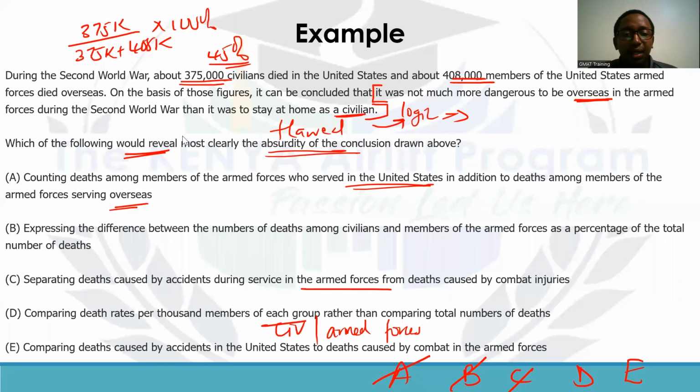So if, say, we had civilians total number as 300 million and armed forces total number as 3 million, and we're assuming that these are the ones who are overseas, and you check the deaths per 1,000 members of the civilian population versus the deaths per 1,000 members of the armed forces, you'll find that the death rate per 1,000 members of civilians is way lower.